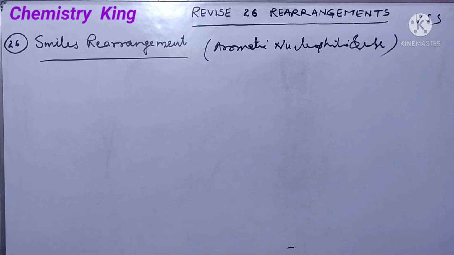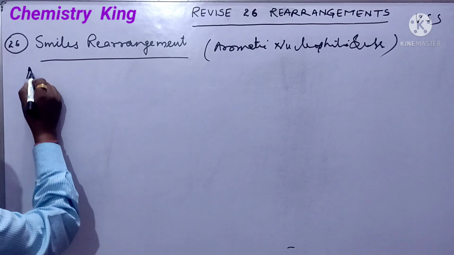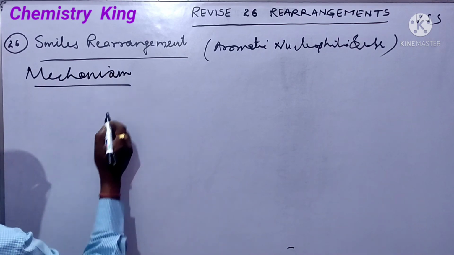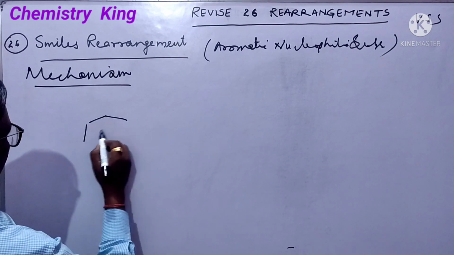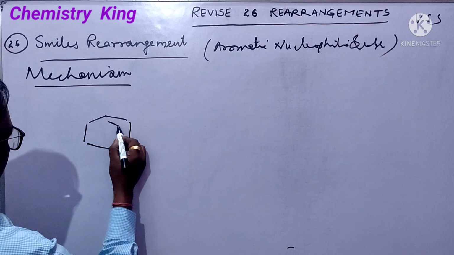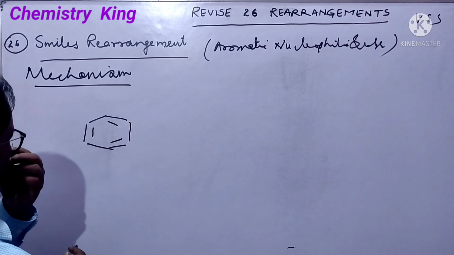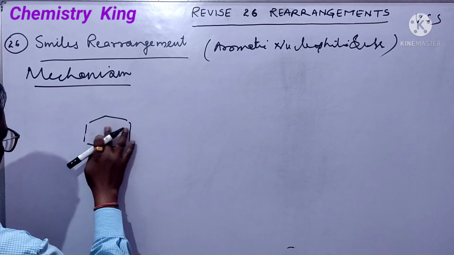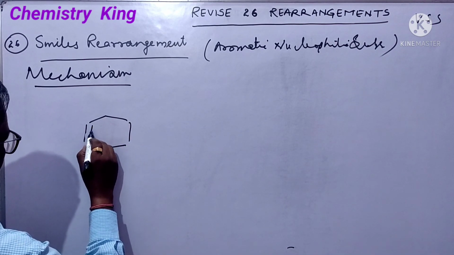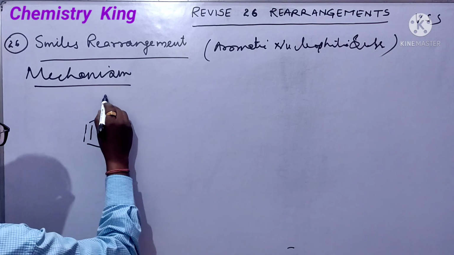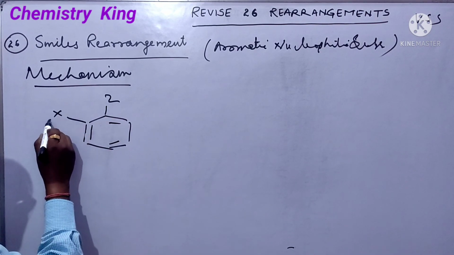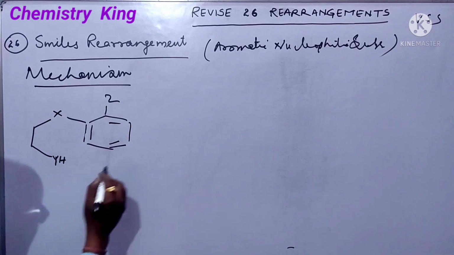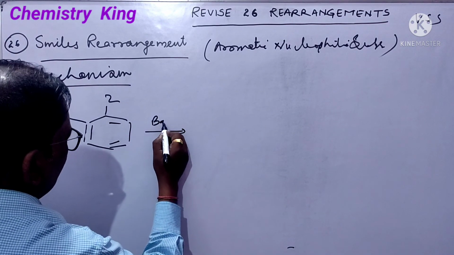Now we will see its mechanism. Okay. It is Z. It is X. It is YH. Okay. Base is here.